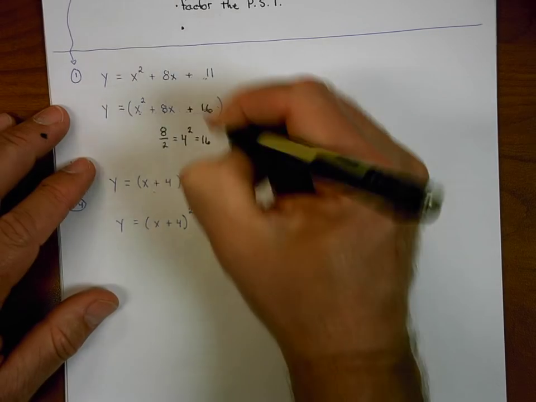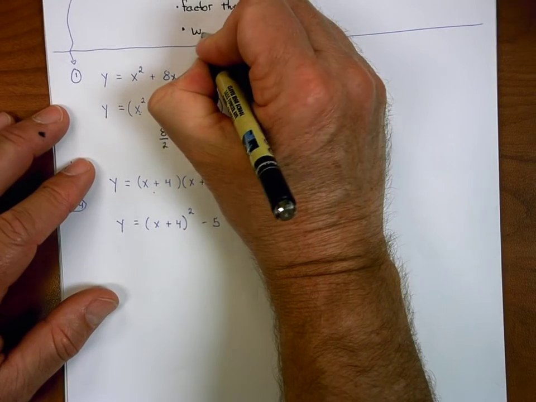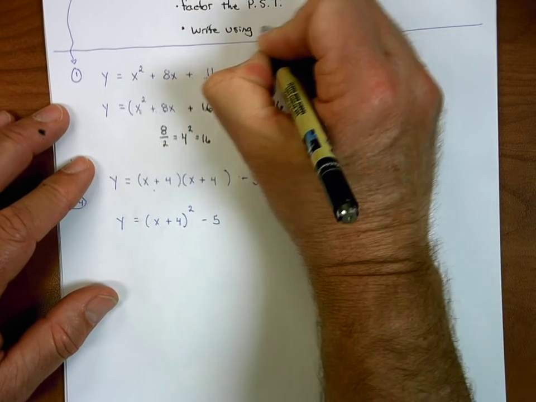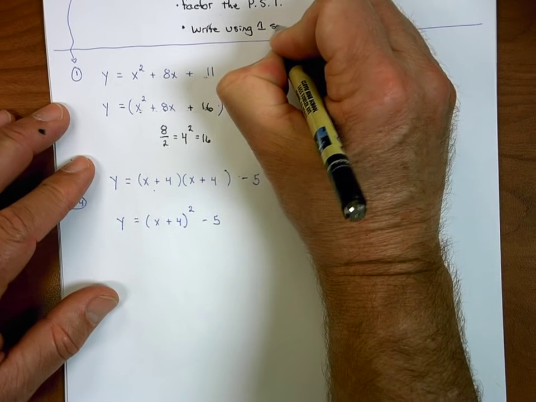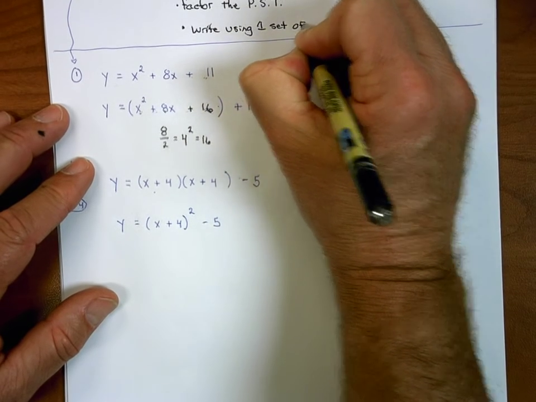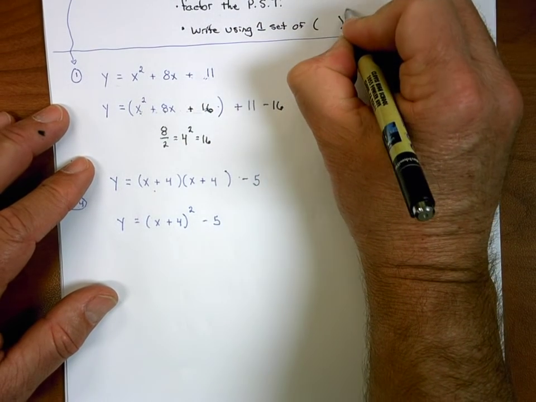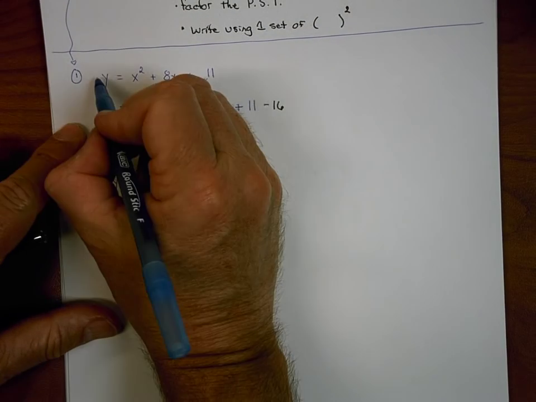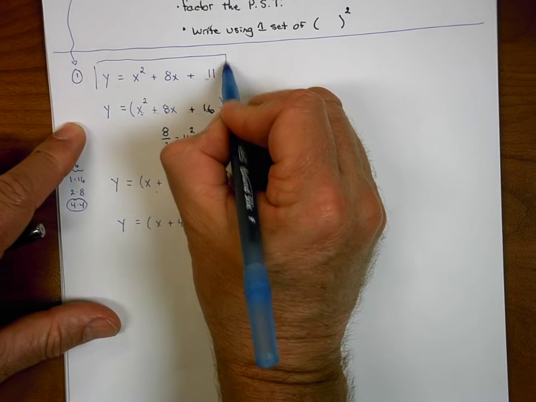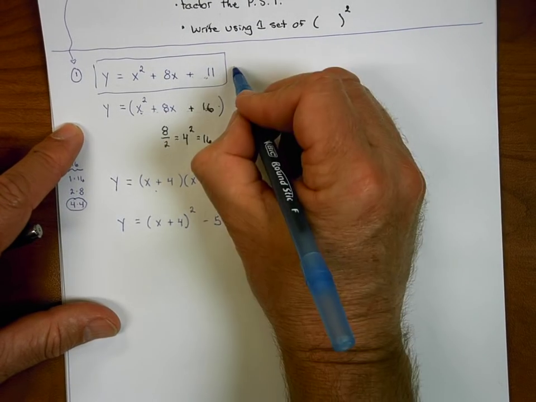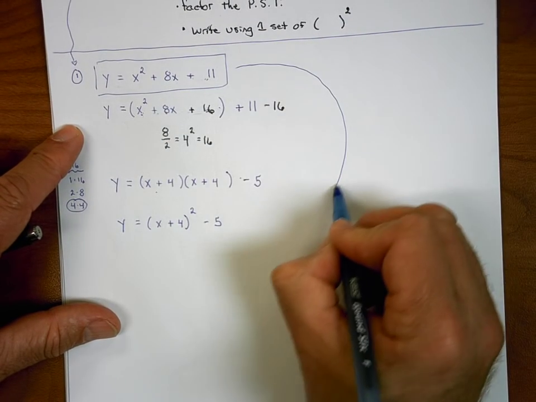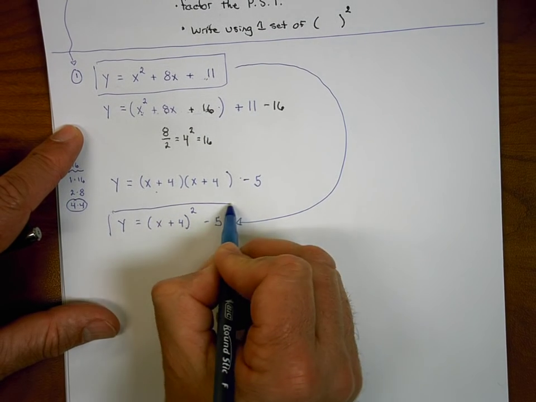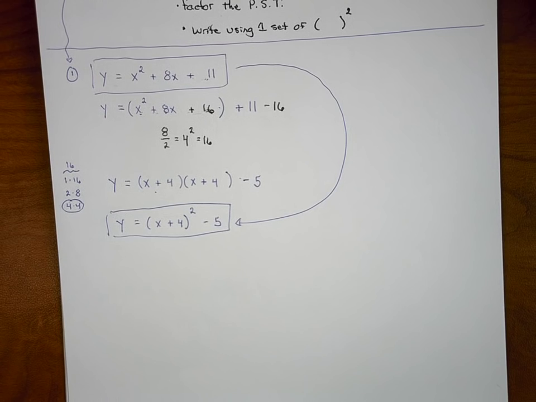So the third thing that I do is write using one set of parentheses, and it's always going to be parentheses squared. Okay, so you guys notice I started with this problem right here. I did a process called completing the square, and I ended with that form of a quadratic equation right here.